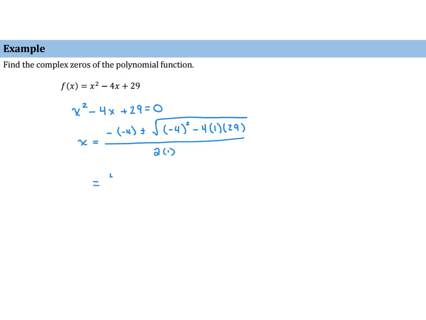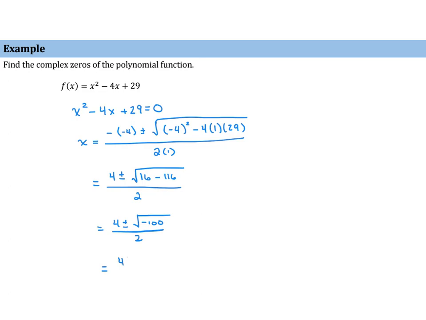So this gives us 4 plus or minus the square root of 16 minus 116, all over 2. So this is 4 plus or minus the square root of negative 100 all over 2.